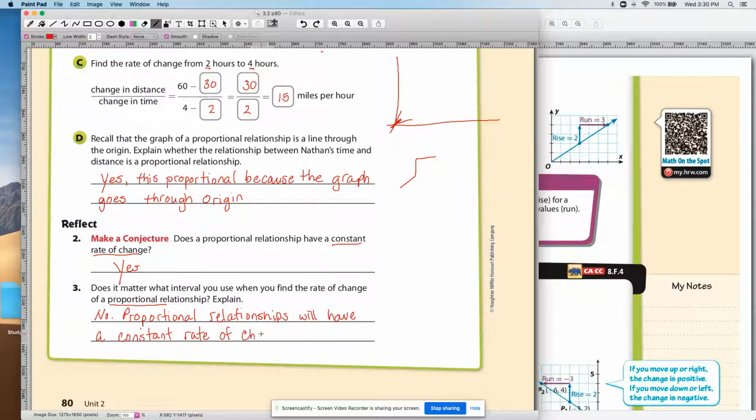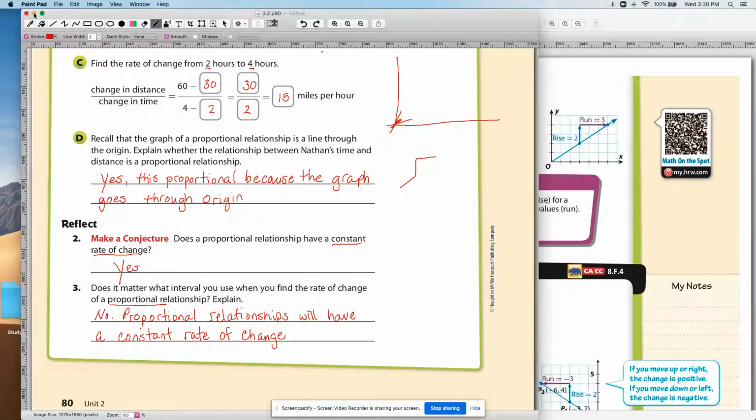And that means it doesn't matter which ones you look at, they will all give you the same answer. So if I can't find my mouse to go back up, but instead of doing hours 1 and 2, I could have done hours 1 and 3, and I would have still gotten 15. Okay?